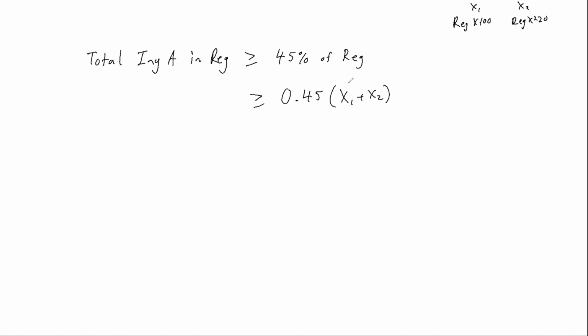My left-hand side depends on the X100 and the X220. Now, if you remember what the slide said, the slide said that X100 was 35% ingredient A, and X220 was 60% ingredient A. So if I do 35% of X1 plus 60% of X2, that will get me the total amount of ingredient A that's in regular gasoline.